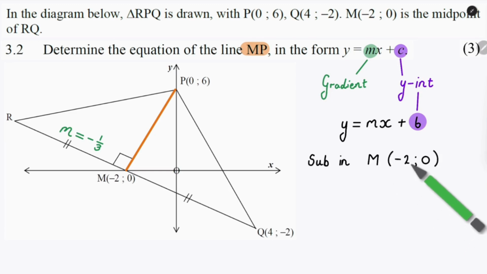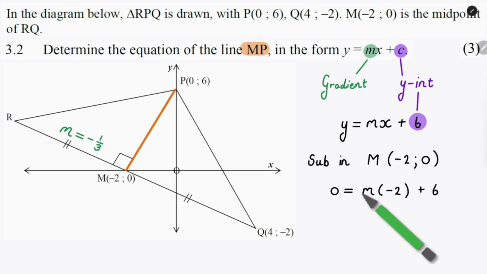And when I sub in, just remember the first number goes into x's place and the second number goes into y's place. So let's go ahead and make that switch. And now all that's left to do is solve for m. So I'm going to take the 6 over to the other side. It becomes minus 6, and minus 2 times m will give me minus 2m.